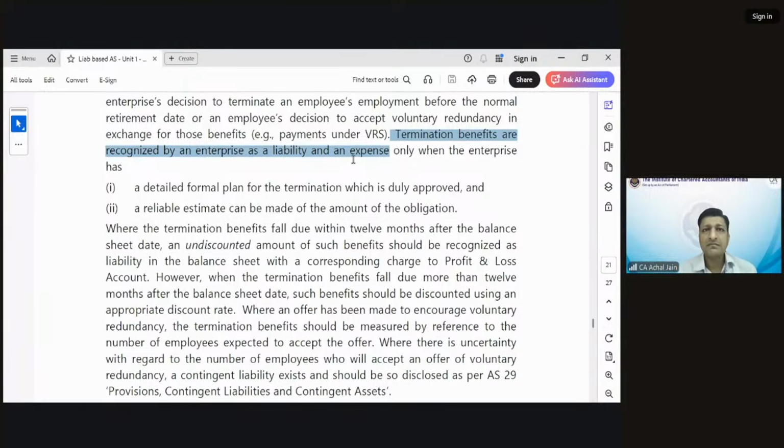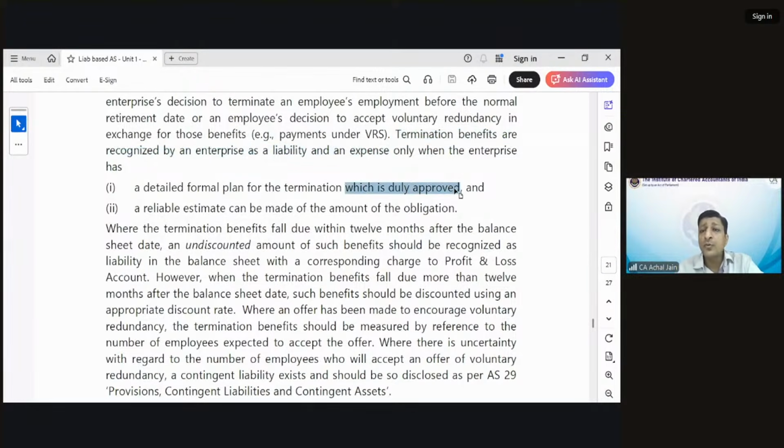But it's a plan, nothing is finalized. It's a thought, maybe the management is considering it. So can we say it will become a termination benefit? No. It has to be formalized, meaning it has to be documented somewhere. It has to be clear. Management should be actively involved in that. Plus, it should also be duly approved.